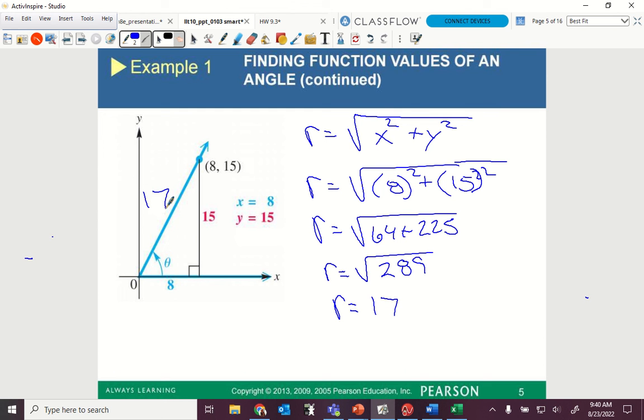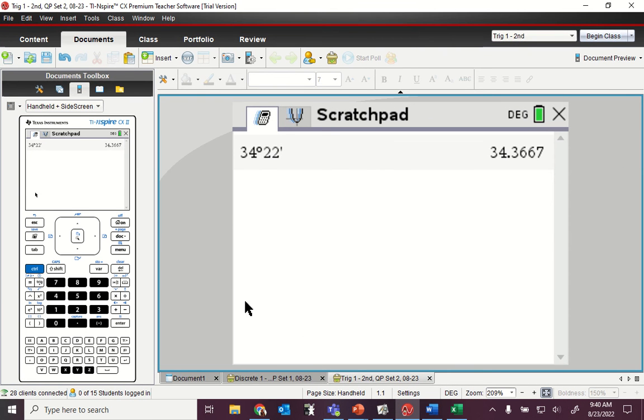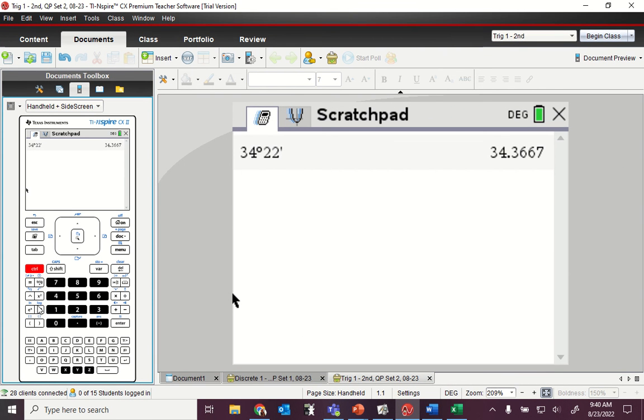So, let me show you. Square root first. I'll put it on the calculator so you guys can see. So it's going to be control x squared right here. That's going to open up my bracket, and you put 289, hit enter.